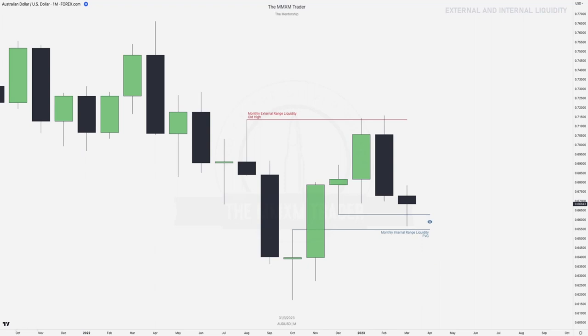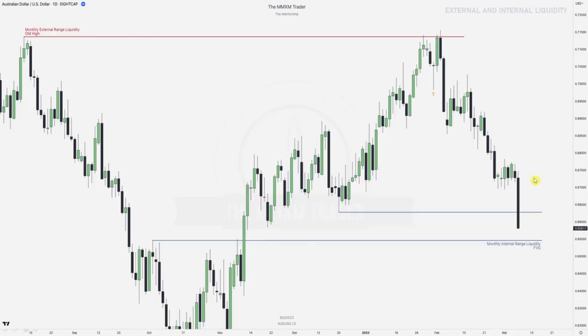Now, what happens afterwards? Let's look at this from a daily perspective. We take out the monthly external range liquidity. Now, using daily structure to frame our setups, what are we going to be waiting for? After this monthly external range liquidity has been taken, we're going to look for a monthly internal range to be the drawn liquidity.